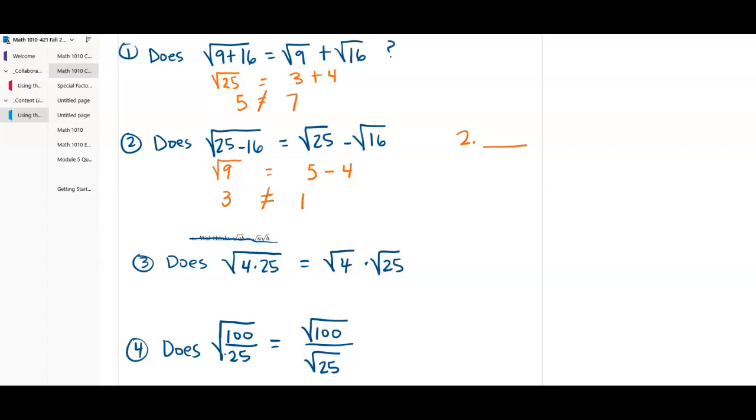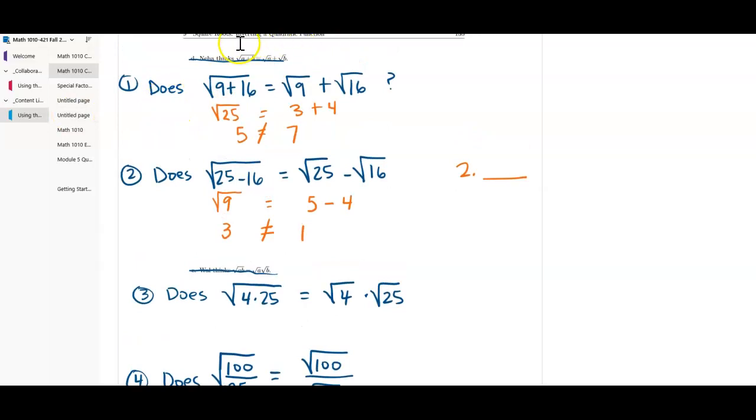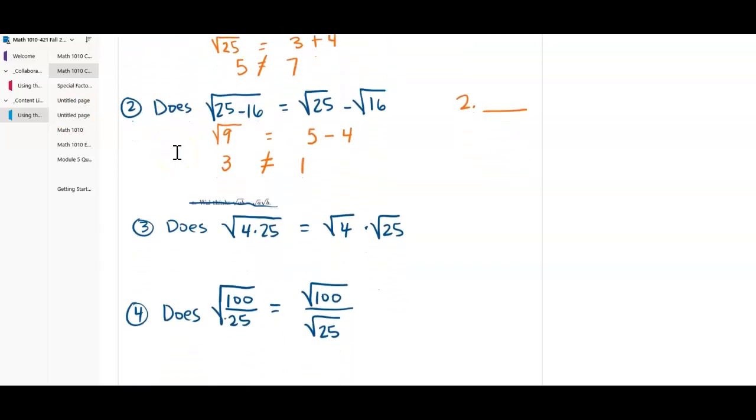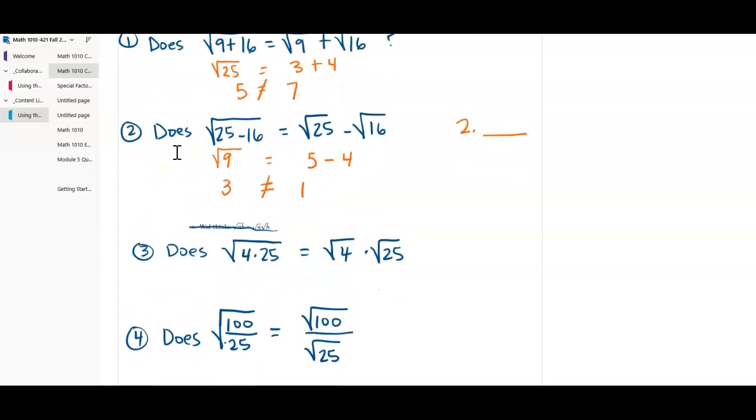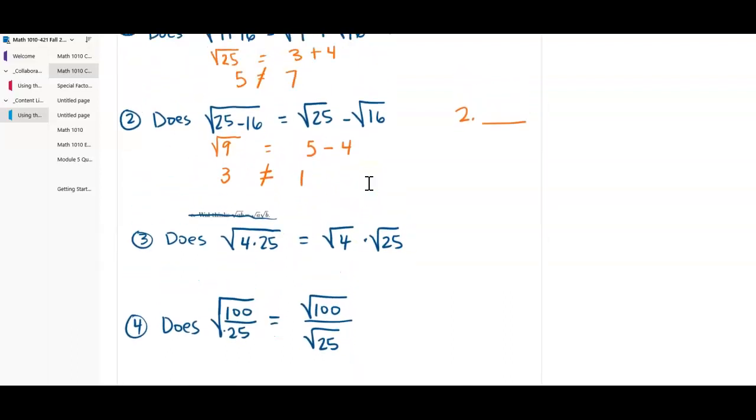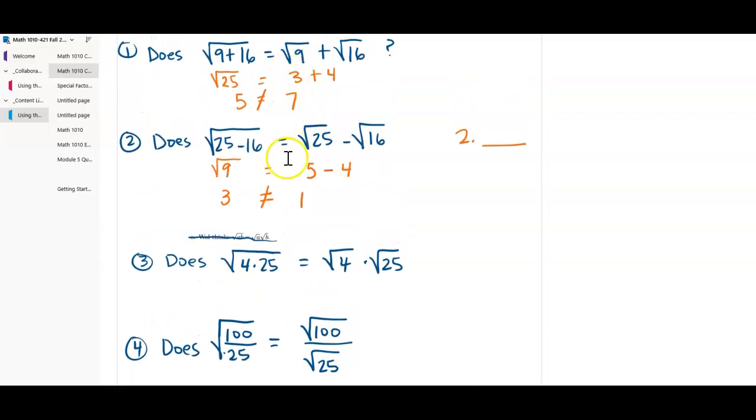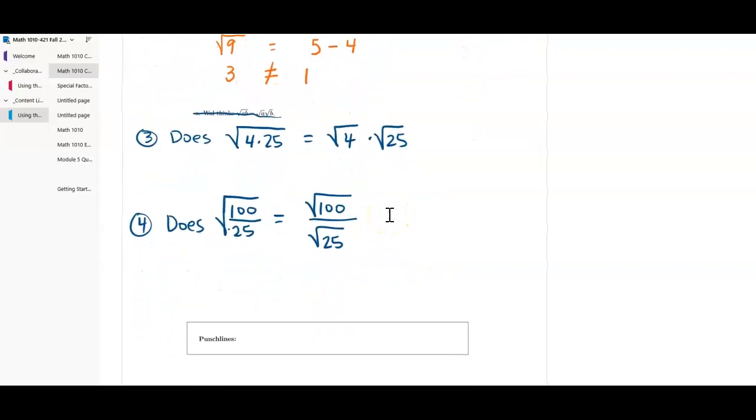Right, so you can see that's why I wanted to use some numbers rather than the variables they gave in the book, because I think it's harder to think about just with variables. But if you see it with numbers, you're like, okay, yeah, this does not equal each other. Okay, let's look at number 3 now. We said it doesn't work for addition, it doesn't work for subtraction. Does this work for multiplication?